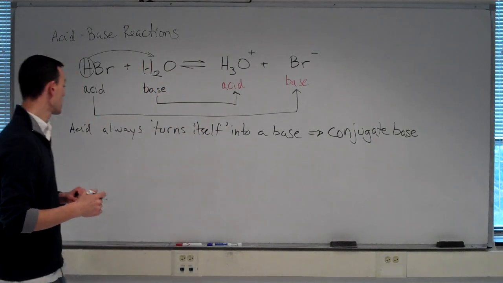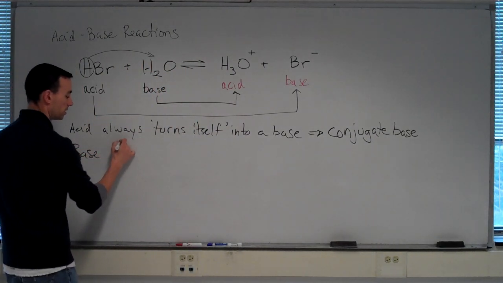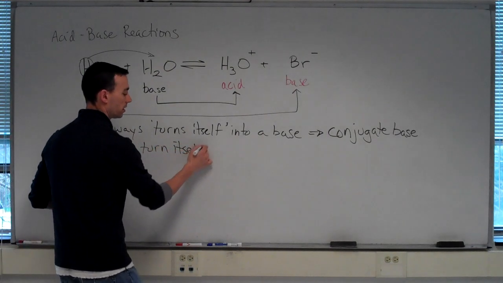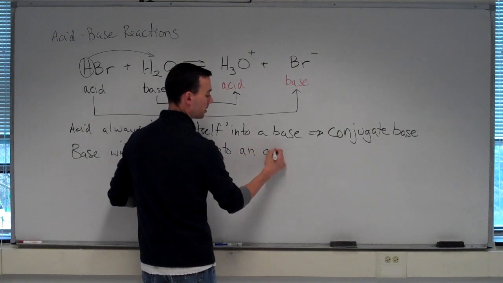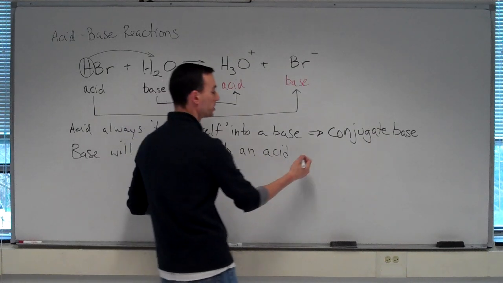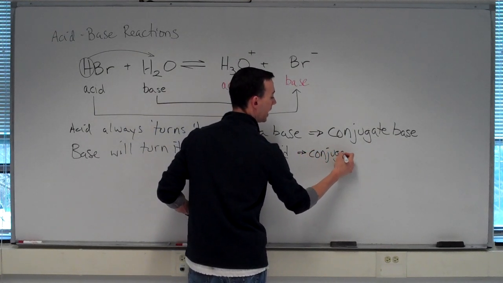Whereas a base will turn itself into an acid. And the acid that it becomes, we call the conjugate acid.